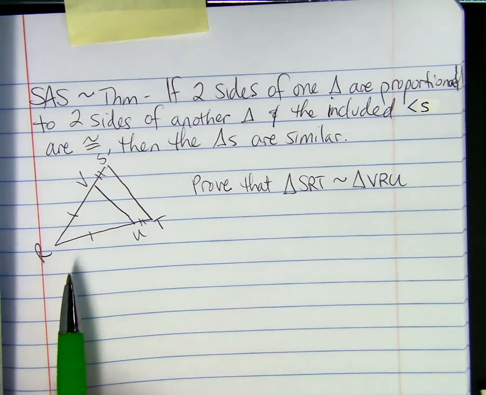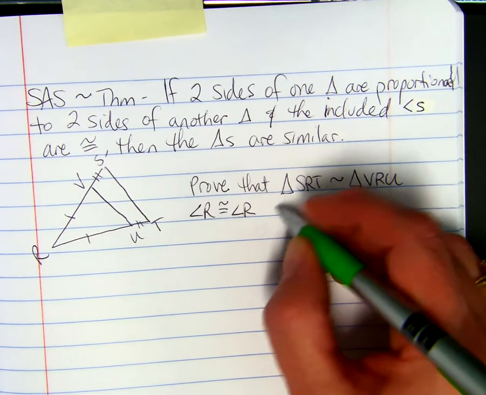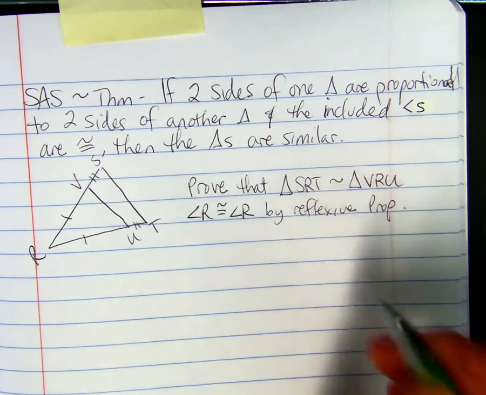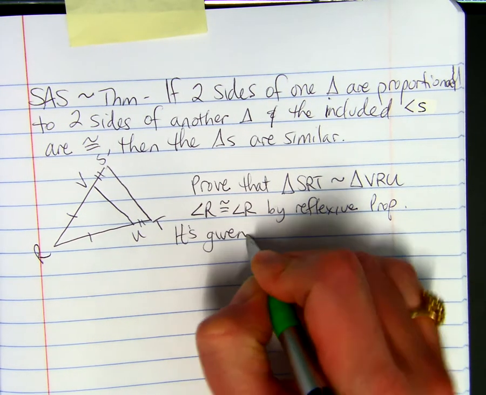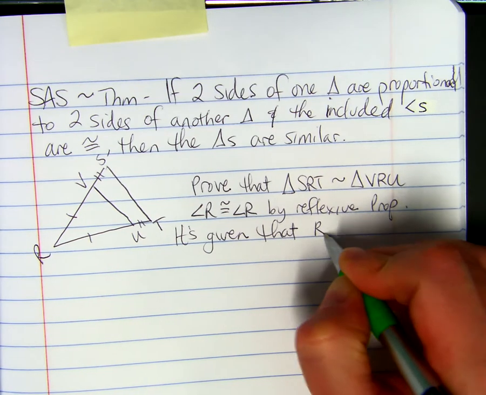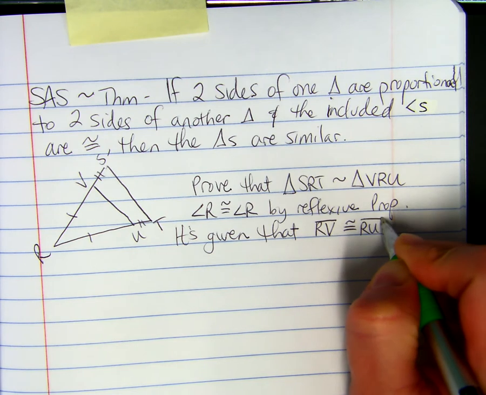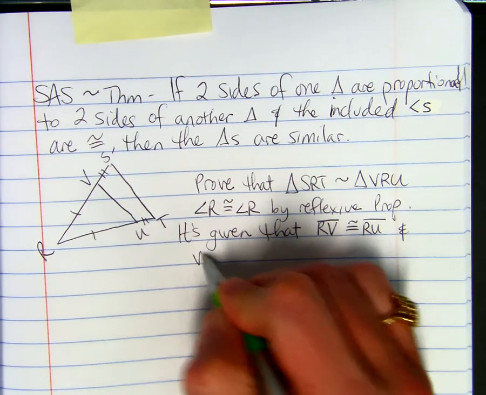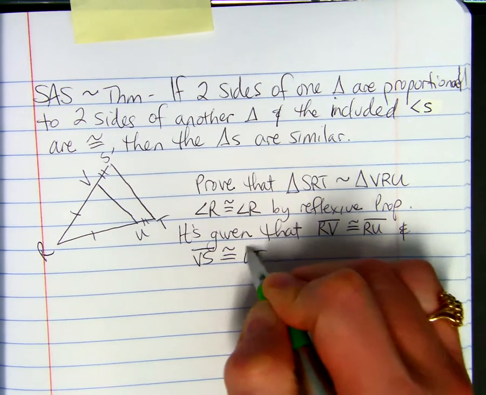So we can start with the included angle, angle R. It's going to be congruent by the reflexive property. And then it's given that segment RV is congruent to segment RU, and segment VS is congruent to UT.